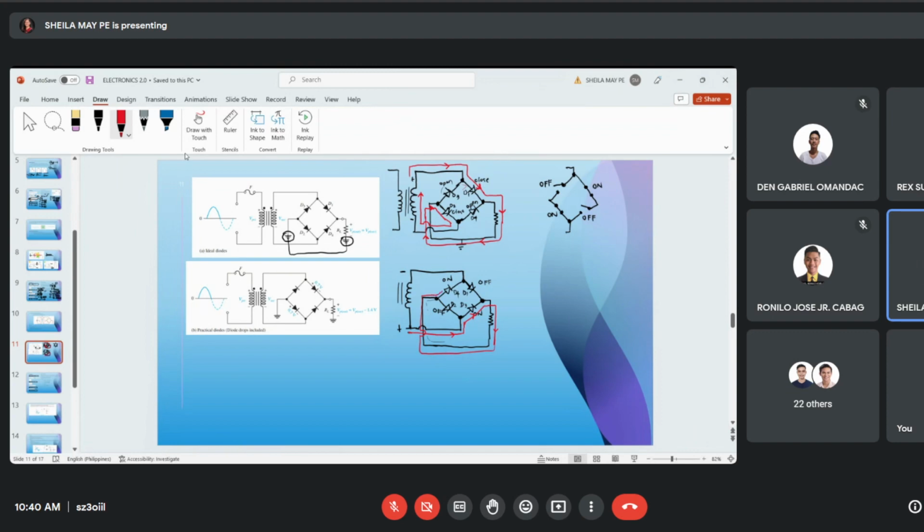So, this would be on D4, agi siya diri, balik siya ni positive. Nakasabot ra sa flow at negative half cycle condition? Yes, miss. How about the others? Yes, miss. Okay.